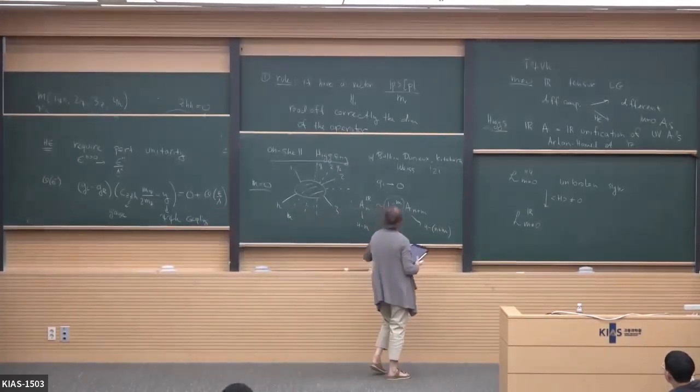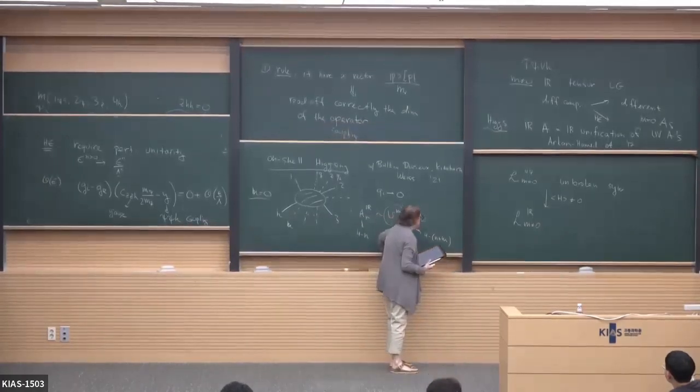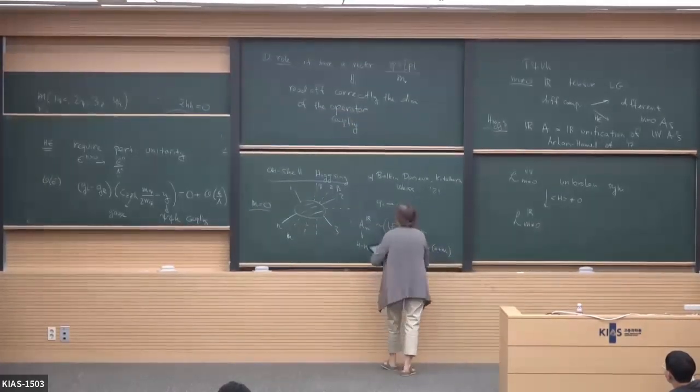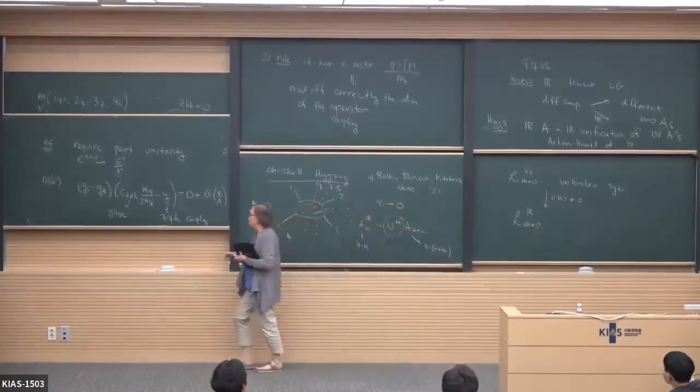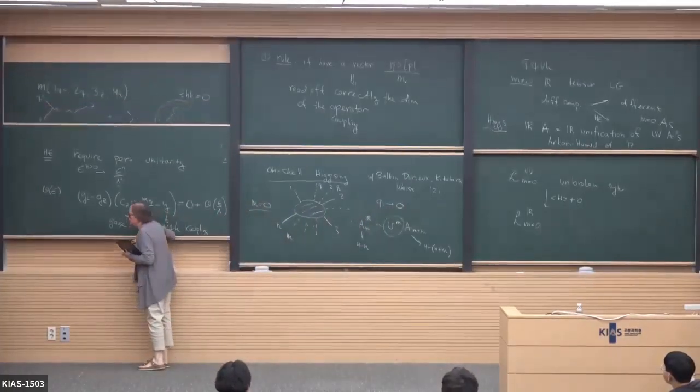Okay, so what's going to happen when we do this? We start from this massless amplitude. We have all these extra Higgs legs, and we take them all to 0, I mean, all their momenta to 0.